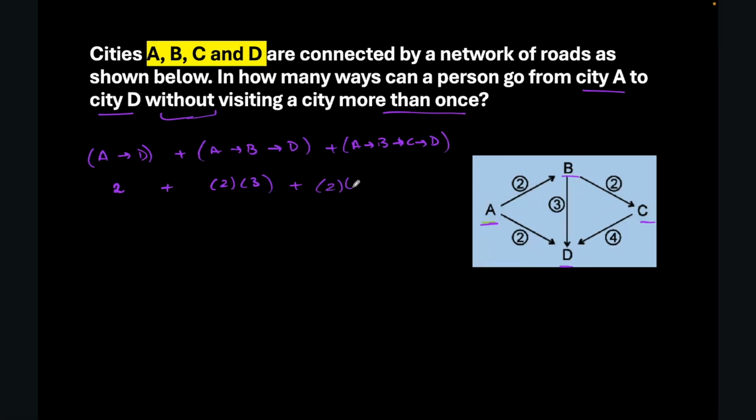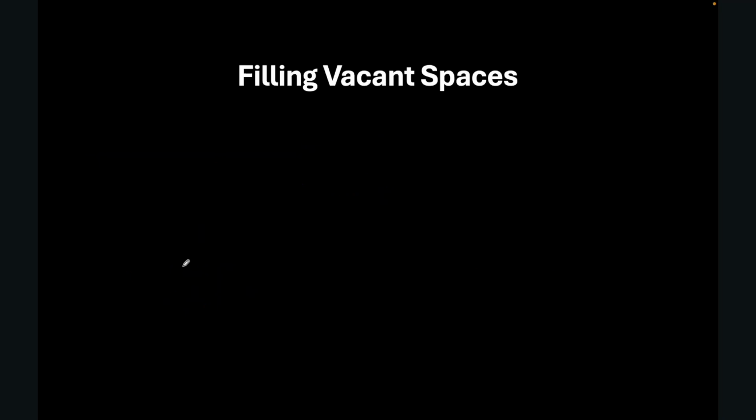That's a total of 2 plus 6 plus 16. 2 plus 6 is 8, 8 plus 16 is 24 ways.